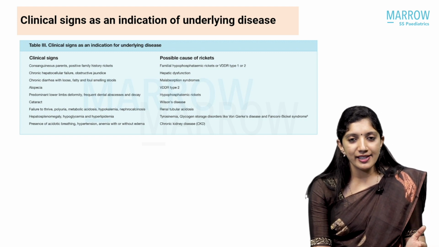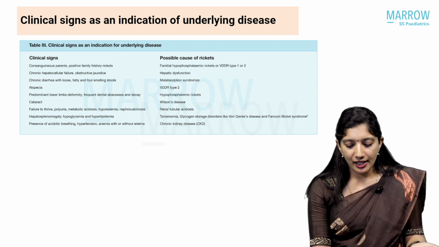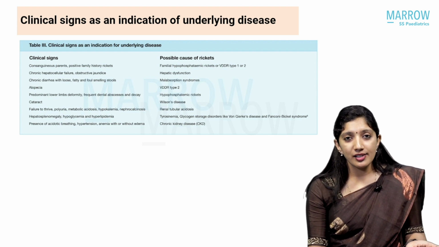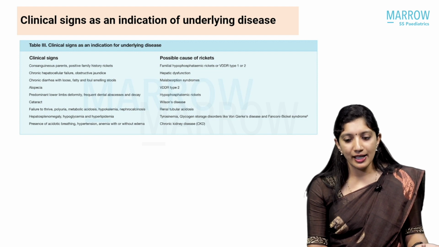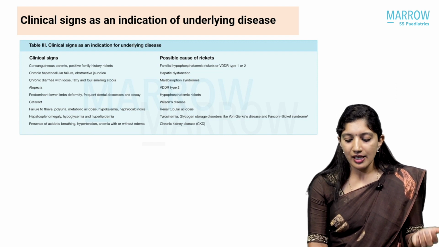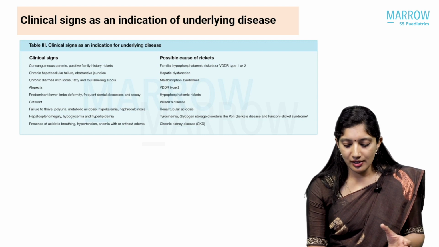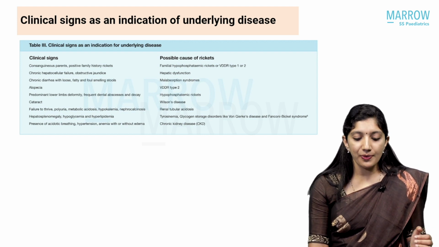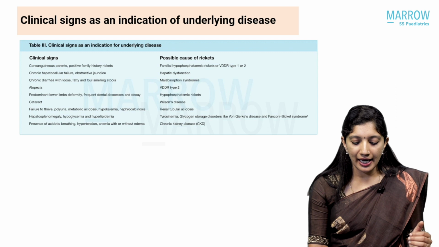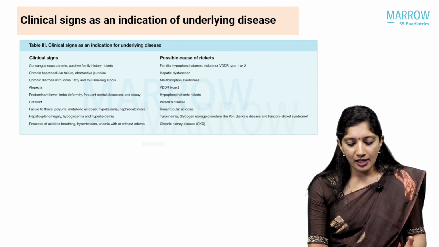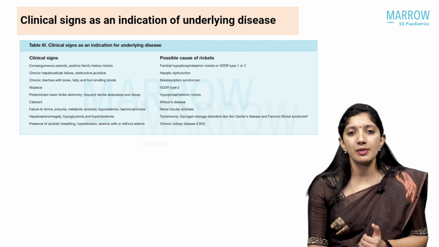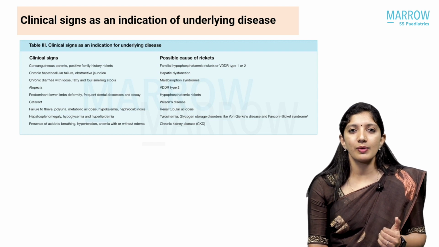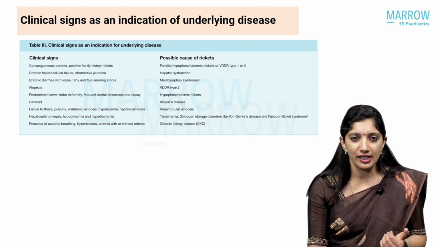Hepatosplenomegaly, hypoglycemia and hyperlipidemia point to disorders which can cause proximal tubular disorder, like tyrosinemia, glycogen storage disorders, Fanconi-Bickel syndrome. And presence of acidotic breathing, hypertension, anemia with or without edema, you should suspect chronic kidney disease as a cause of acquired vitamin D deficiency due to acquired defect in 1-alpha hydroxylase.